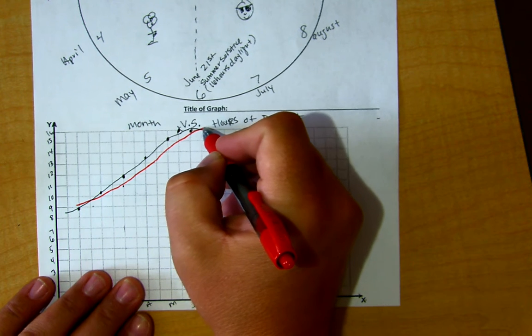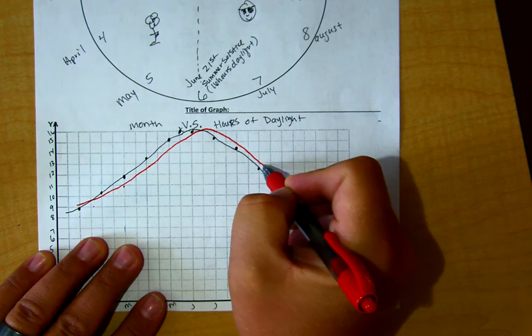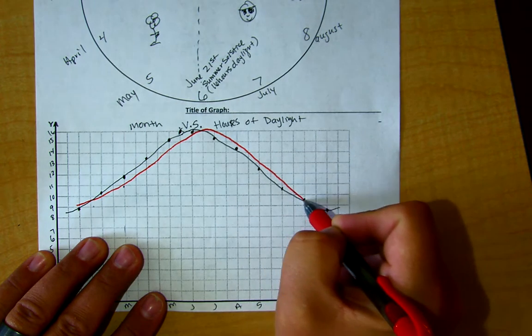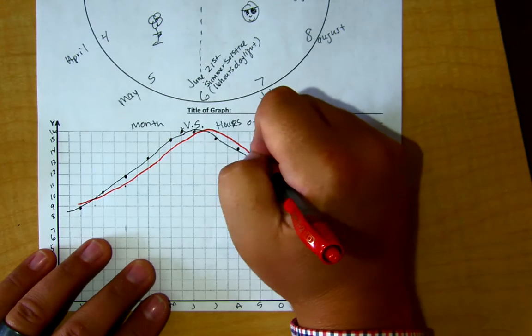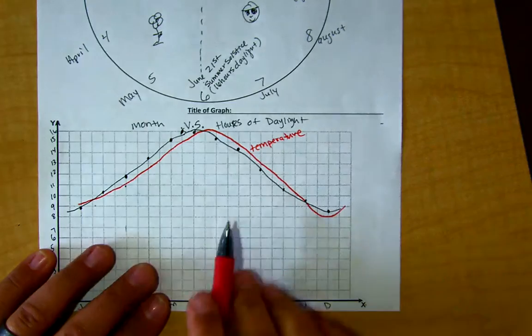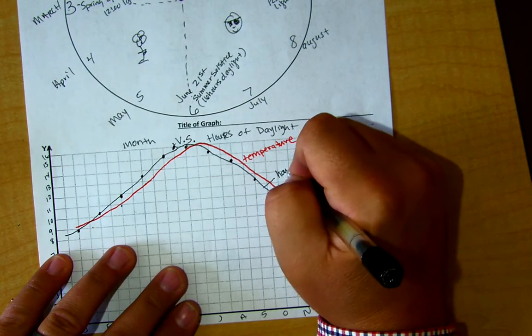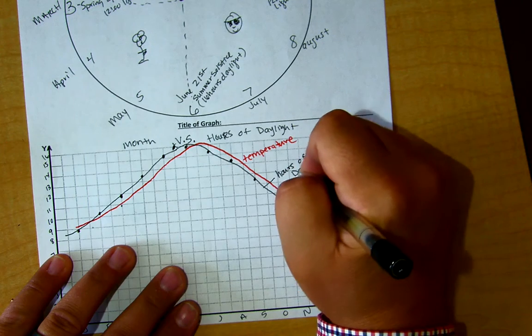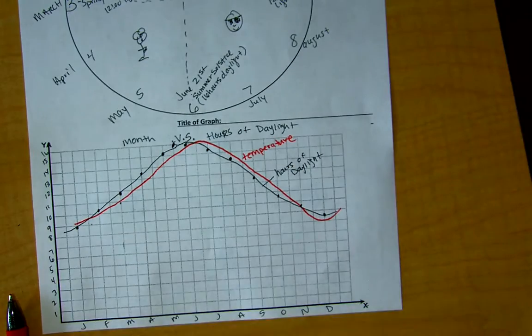And as soon as we get to the top and lose daylight, the temperature starts to decrease, and it goes back down. And then eventually it's going to add more light, so we'll go back up. So this would be like our temperature. And the black line would be our hours of daylight. More sunlight, warmer temperature. Less sunlight, cooler temperatures. It's a good thing you're so smart.